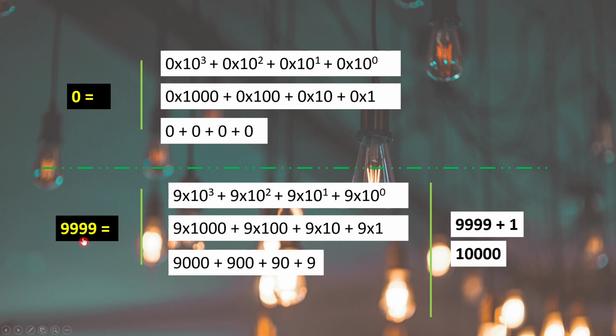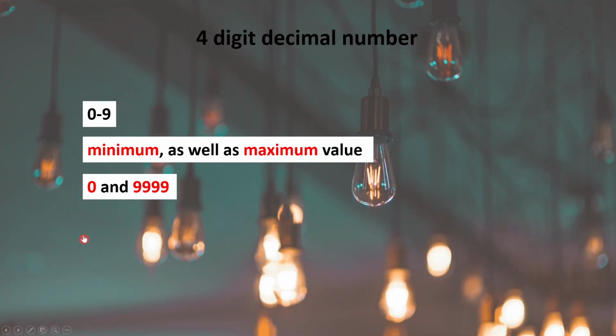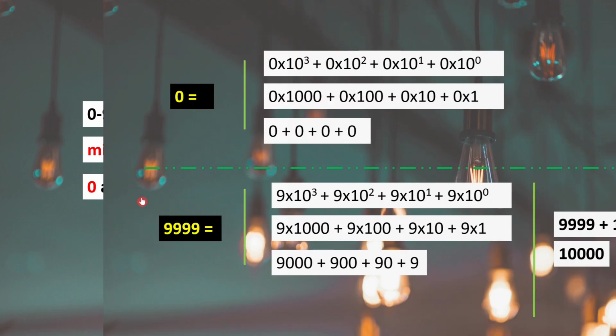If we try to add 9999 plus 1, then this is a 5-digit number, not 4. So the maximum value is 9999 for 4 digits of a decimal number and the minimum value is 0 when all digits are 0. So finally the range of 4 digits of a decimal number is 0 to 9999, and the same applies here with 4 bits of data.